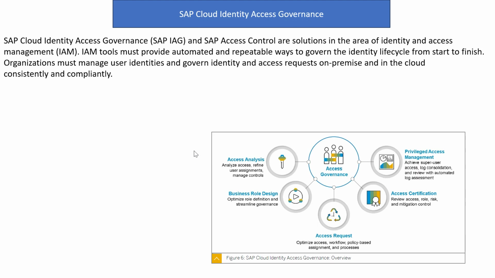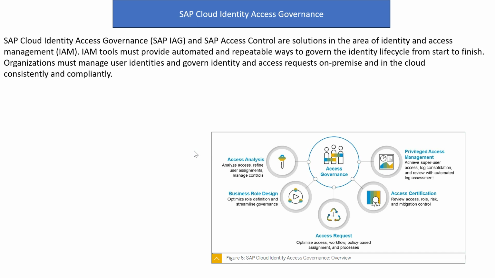SAP IAG and SAP Access Control are solutions in the area of identity and access management, which is IAM. IAM tools must provide automated, repeatable ways to govern the identity life cycle from start to finish.